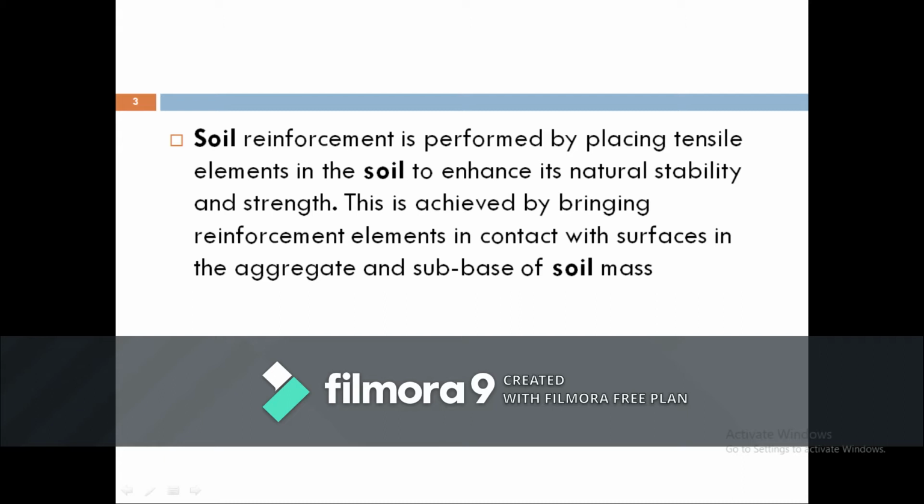It increases the strength of the soil because of the roots present in it. So here in soil reinforcement, you achieve it by bringing reinforcing elements like fibers near the surfaces of the aggregates or soil mass. So that is your soil reinforcement.